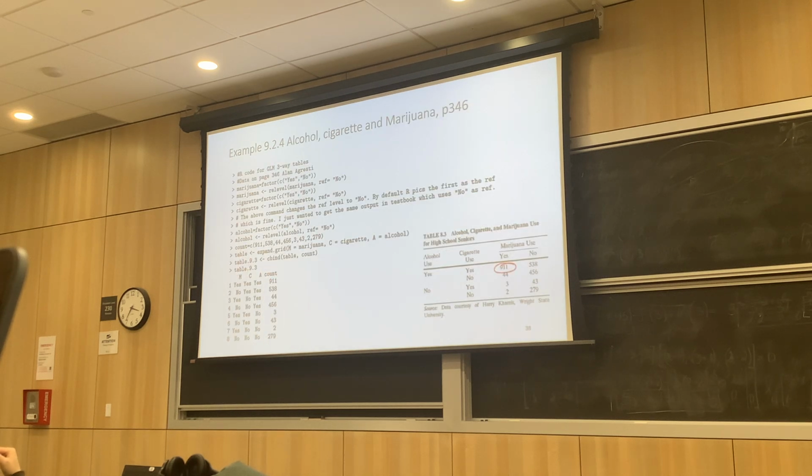If you have a high school senior, you can ask, how many people like this use alcohol yes, cigarette yes, and marijuana yes, in that entire sample? So if I give you the sample, we should be able to do that. When you have the model, we can predict what this number should be, and that's what I'm trying to do now.